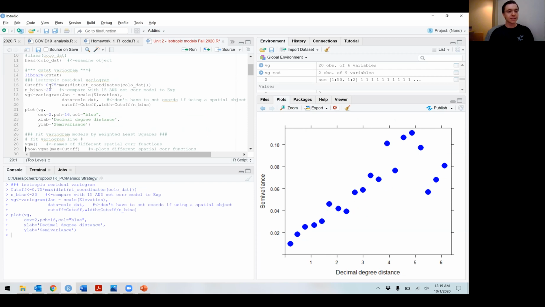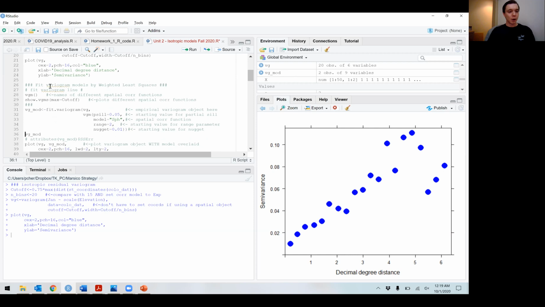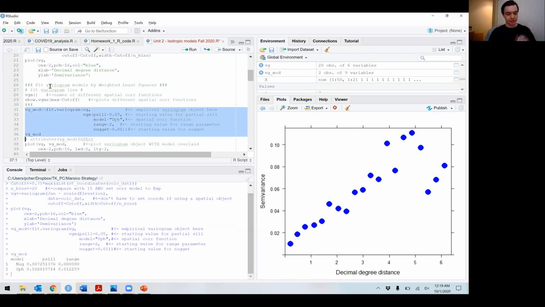Well, hopefully my spherical model runs now, and it does. There's no errors. And you can see that by increasing the maximum distance, I actually created linearity near the origin, right? That is what the spherical model expects. And now it seems to give me a range of 8, which is off the screen.